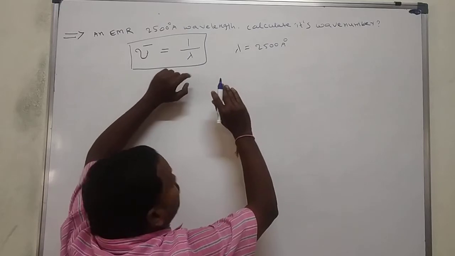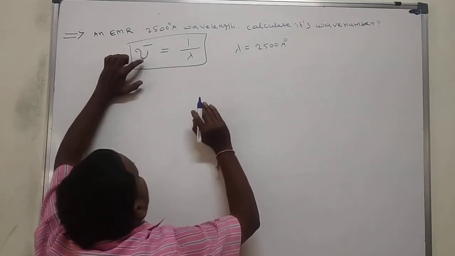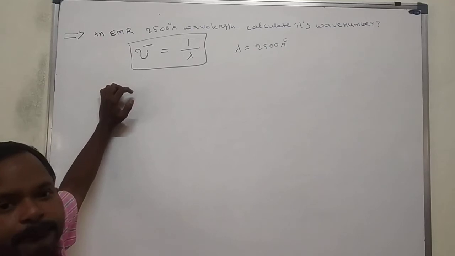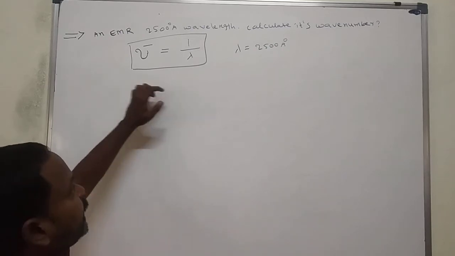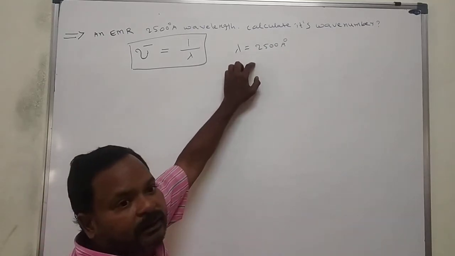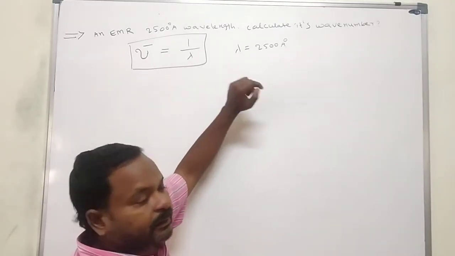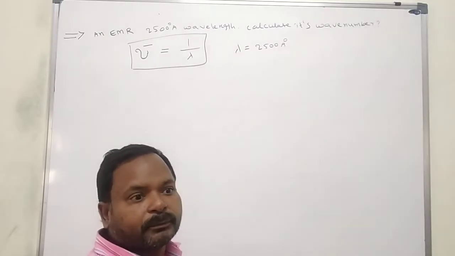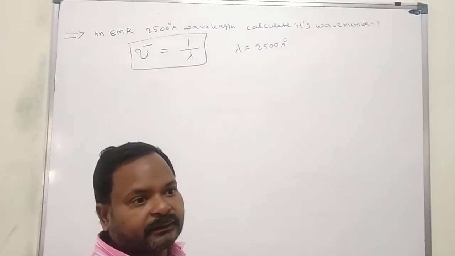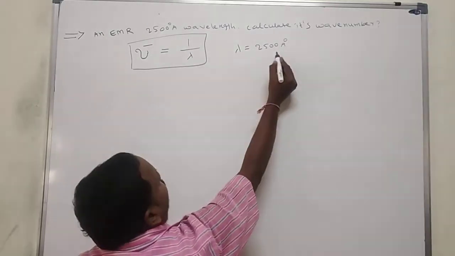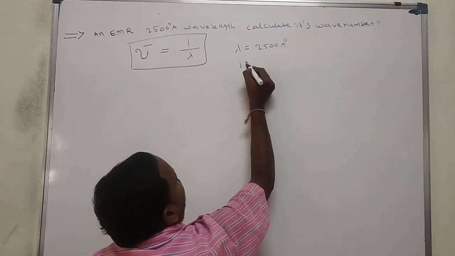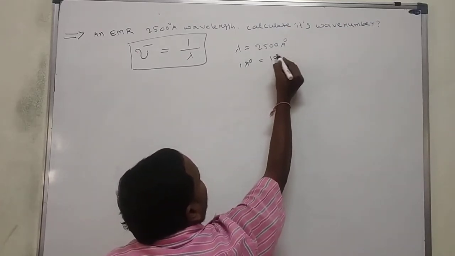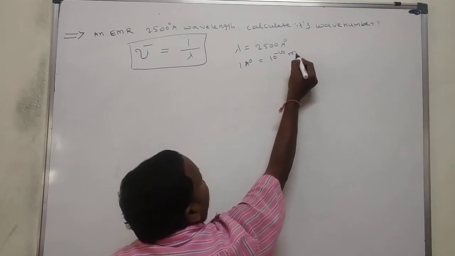Lambda should be converted into meters or centimeters. Here I am converting into meters: 1 angstrom is equal to 10 to the power of minus 10 meters.